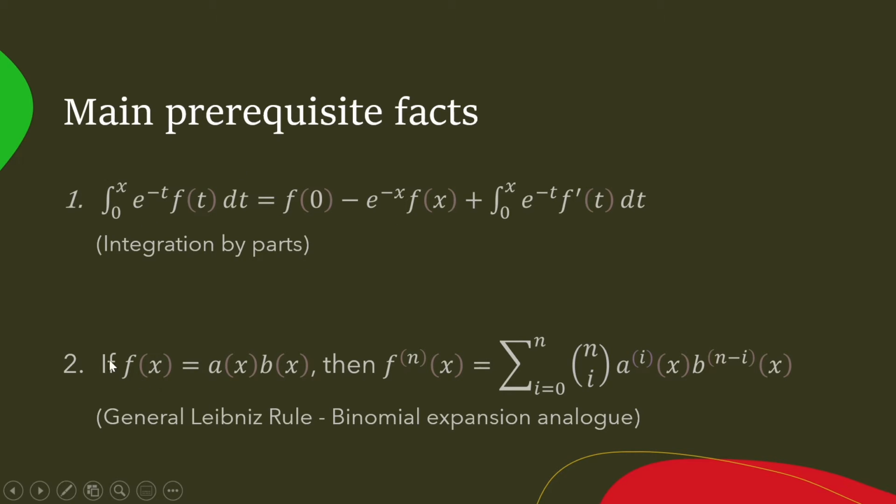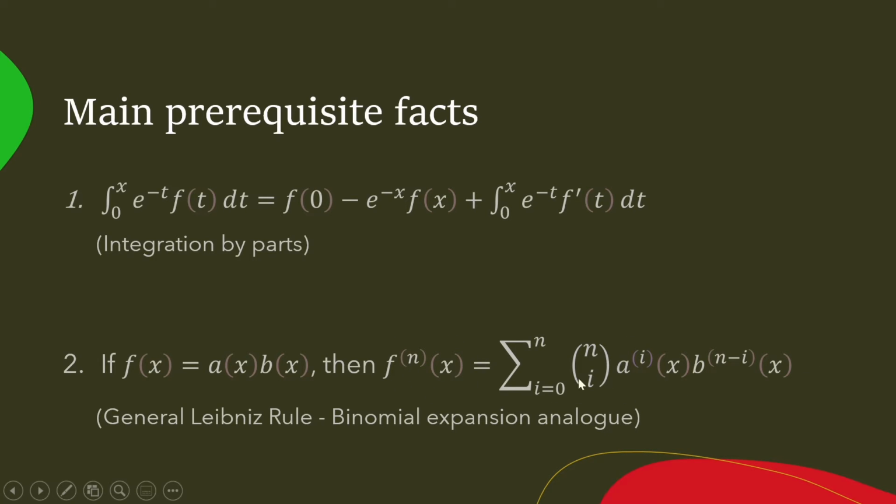And then the second fact is, as mentioned, a generalization of the product rule for derivatives. If we have a function f of x equals a product of functions a of x times b of x, we know how to differentiate it using the product rule. But if we want to take the nth derivative for any n, this is the formula we're going to require.